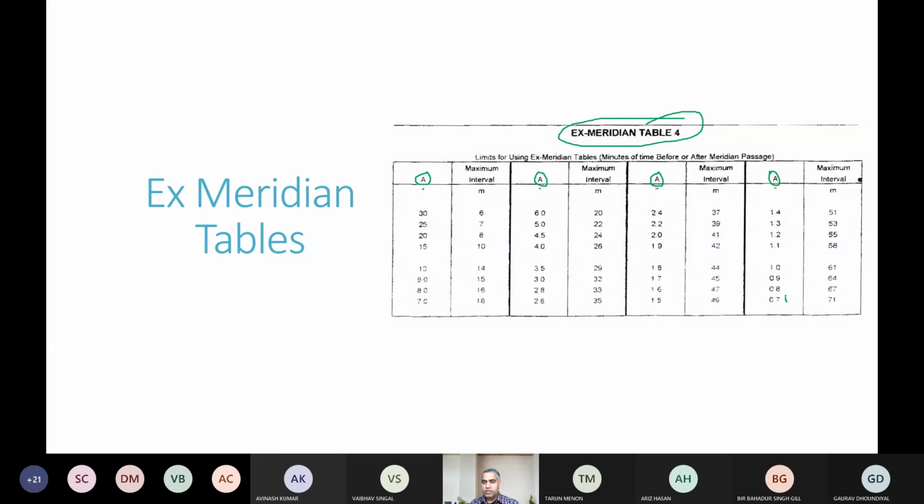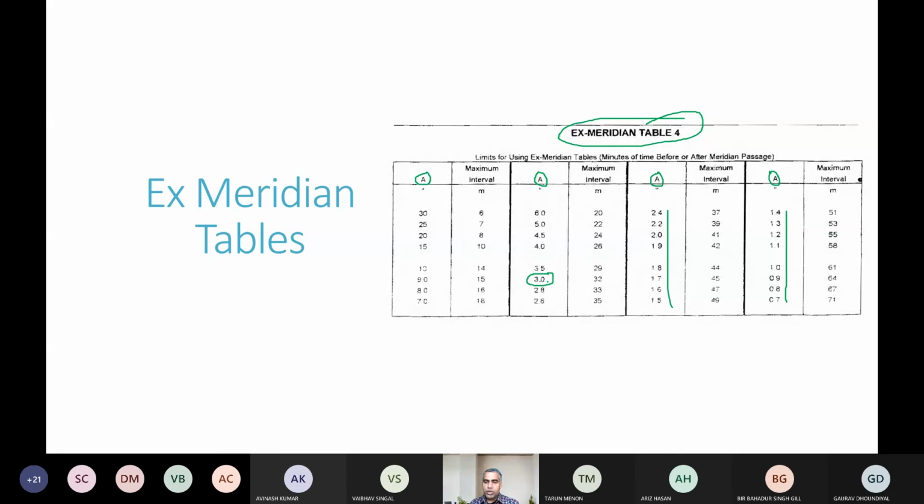So if you see here, the value is increasing: 0.7, 1.4, 1.5, 2.4, 2.96. The closest value to this is 3.0. There is a decimal also here, which is not visible. So the nearest value to our factor A is 3.0 here.